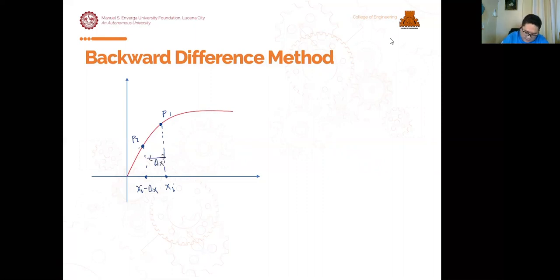Okay? Then pag tinignan natin yung projection niya dito sa y-axis, so we have dito f xi minus delta x and dito is f xi. Okay? So same procedure, meron tayong connecting line dito. Then kukunin natin yung slope niya by rise over run. Okay, so slope is equals to rise over run.